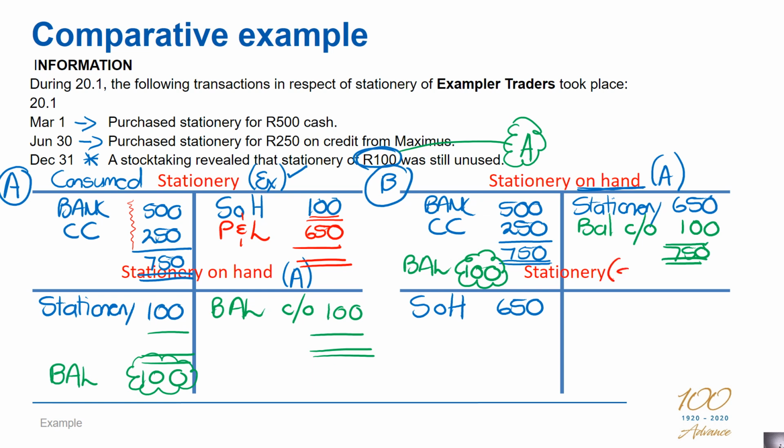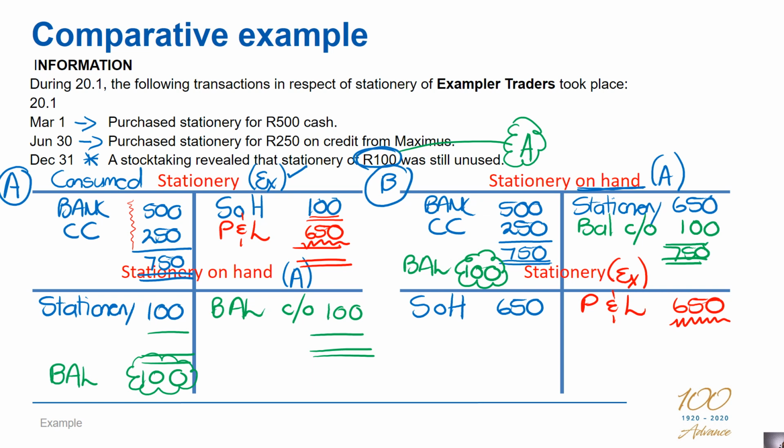Option B, in my expense account, I already have a debit of 650. So to close this account off, I will transfer that to my calculation of the profit or loss. So this 650 and this 650 is exactly the same amount of consumption.